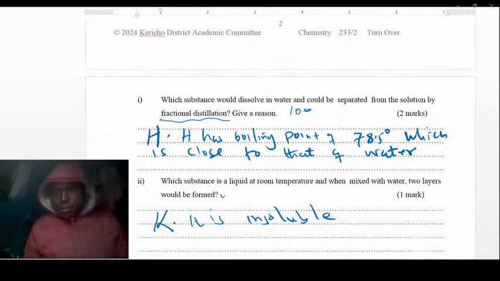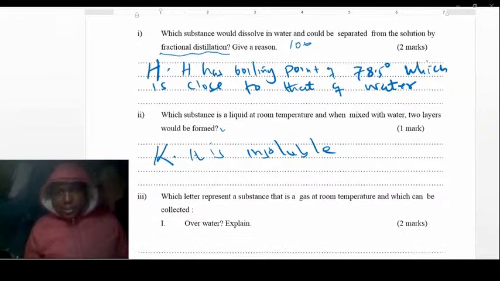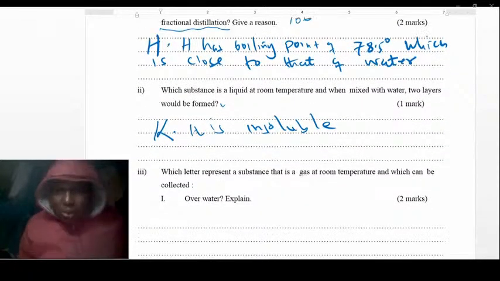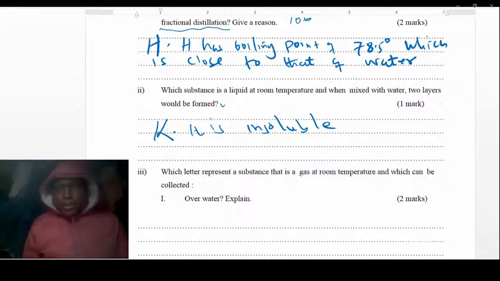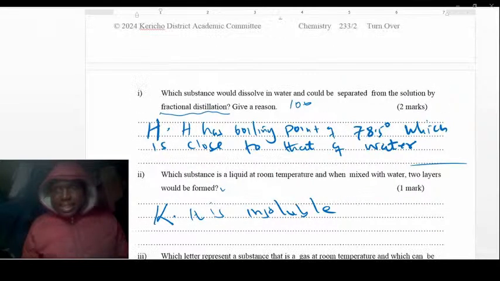Next question. Which letter represents a substance that is a gas at room temperature and which can be collected over water? A gas collected by the over water method should be slightly soluble in water. So that is the keyword that will help you. Go back to the table and check which substance is slightly soluble in water.